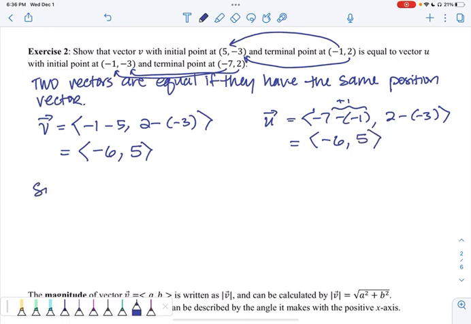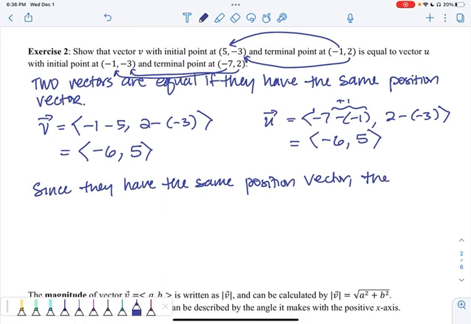So since they have the same position vector, we can say that u and v are equal.